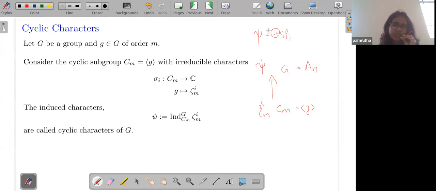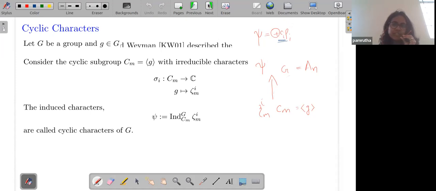So basically, I'm interested in finding this c i for each character in the cyclic subgroup generated by any particular element, and I want to understand the decomposition into irreducible representations or irreducible characters. I hope the question is clear.